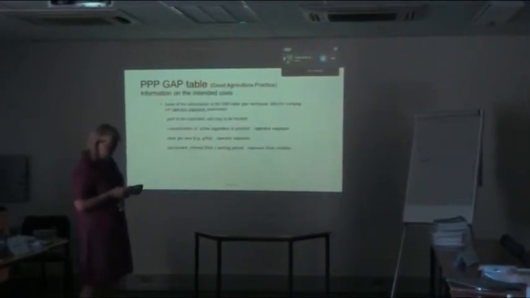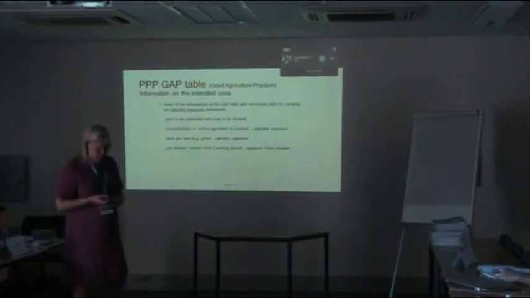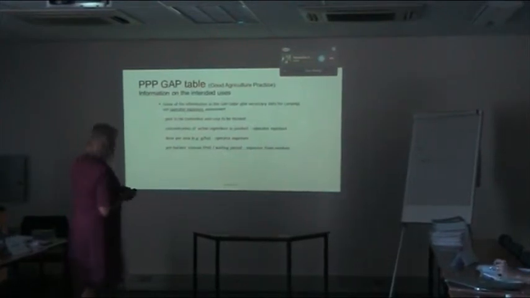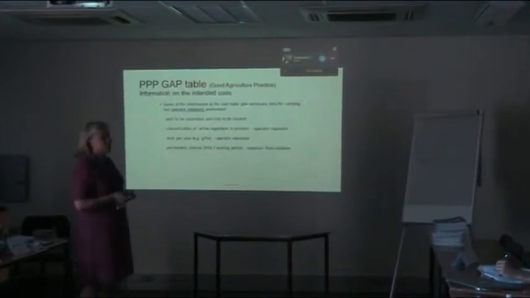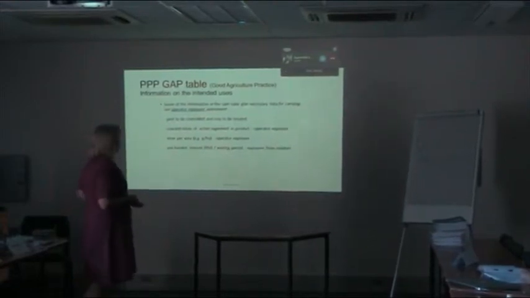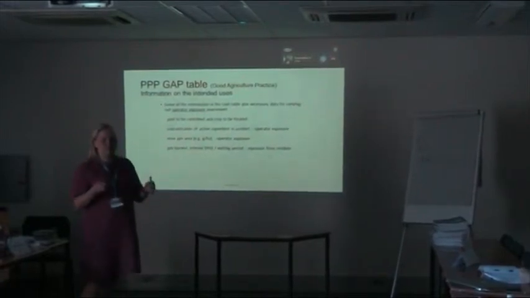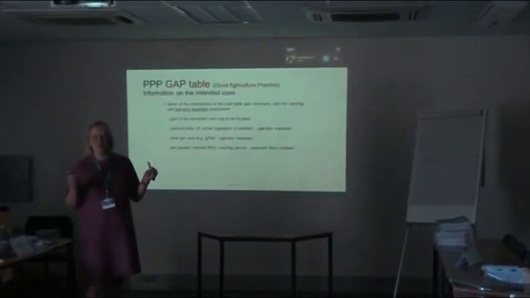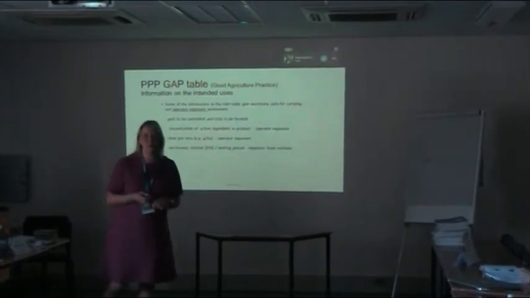Okay, what kind of information do you need to do this type of risk assessment? We talk about the GAP table. Heard about that? Good agricultural practice. That is set by the applicant, the one who is applying for authorization.